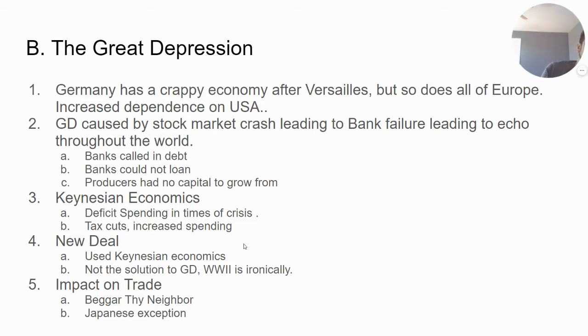So another development during this time, a response to the economic catastrophe caused by the Great Depression, is led by a man named John Maynard Keynes, who is an interesting economist. You read a lot of him if you take IB history. One of the key things that he led to was something that deviated historically from government behavior, and that was deficit spending.